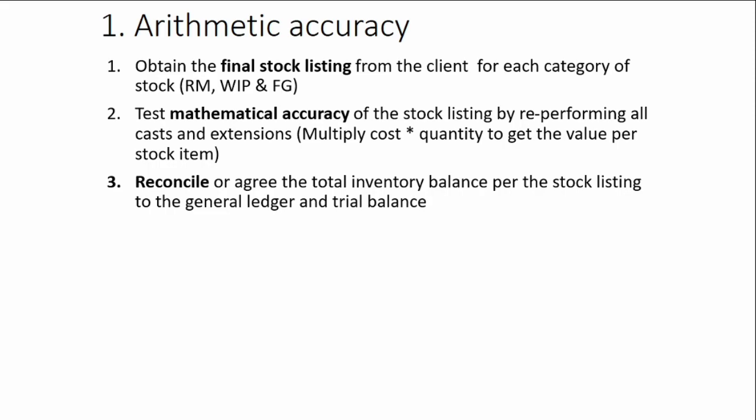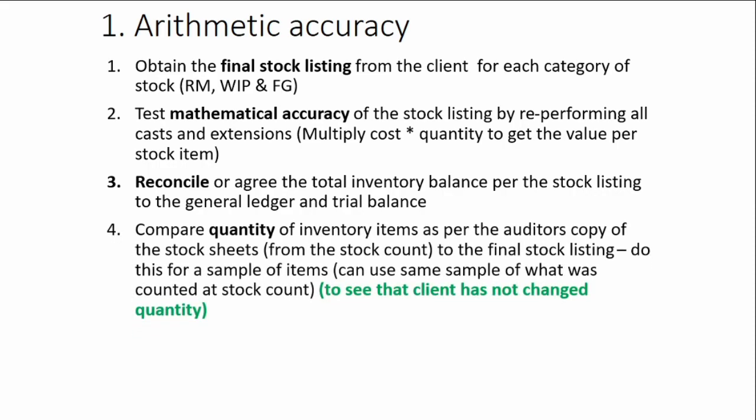We want to reconcile what they've actually counted versus what was on the account balances. Now that reconciliation will be done by the client, so we reperform that reconciliation. So that's what we're doing there in terms of the audit work around it.